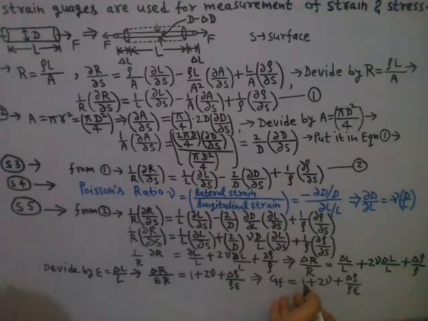This is the first term, which is the representation of change in resistance R due to change in length L. Now this second term, 2 into Poisson's ratio, is representing change in resistance R due to change in area A, plus this third term is basically representing change in resistance R due to change in resistivity rho, right?